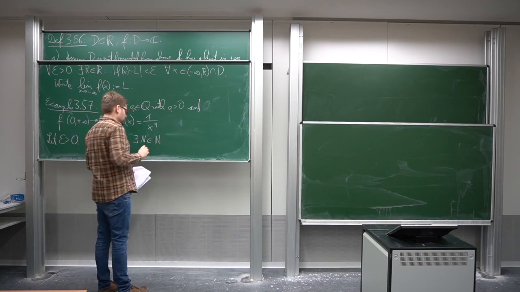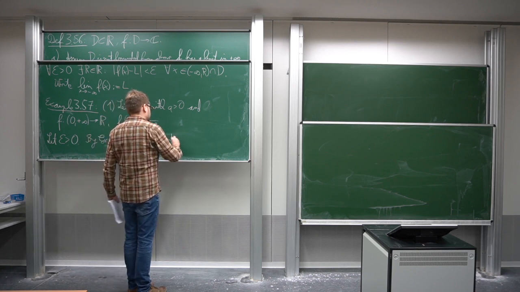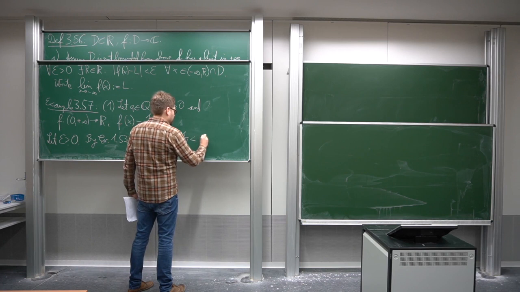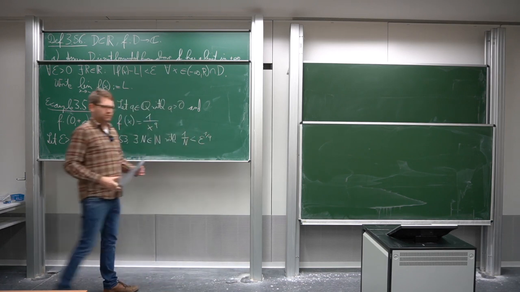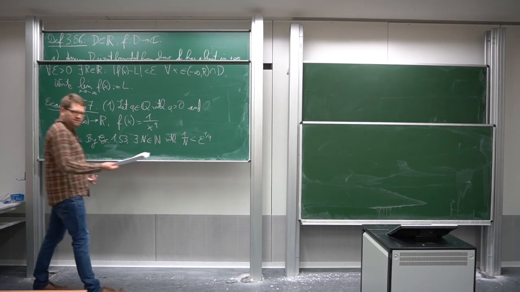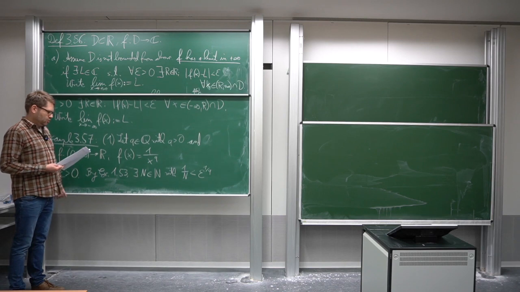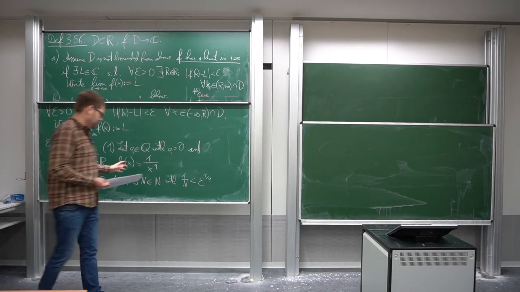There exists a natural number n in N such that 1 over n is very small, namely smaller than some positive number, and I don't want epsilon itself, but epsilon to the power of 1 over q. This is some positive number, and we've seen that we can always find such a number n such that this holds. Okay, this is what we know by this corollary.